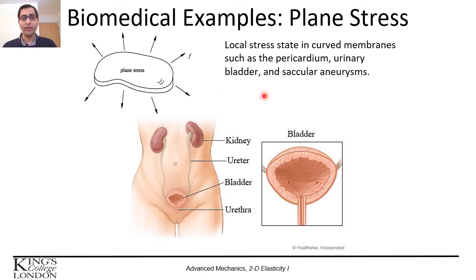Another example can be the pressure that bladder wall tissue undergoes. So the bladder itself is kind of like a sphere.